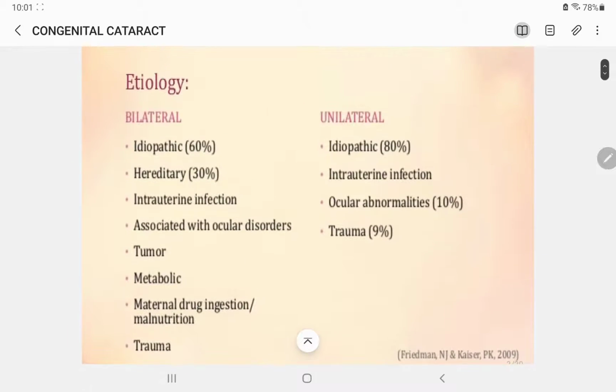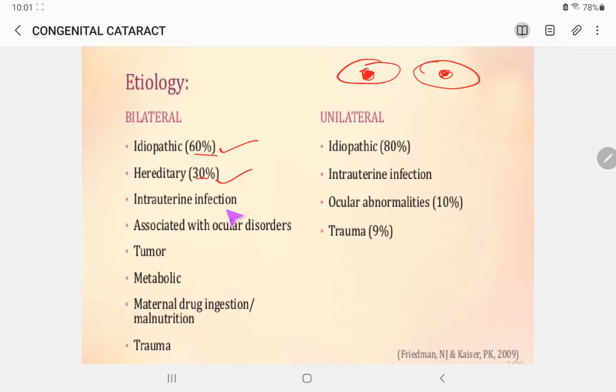All right, coming to etiology. What actually causes congenital cataract? I'm sorry for my terrible drawing. If the opacity or cloudiness is present in both eyes, bilaterally, then it can be caused by either idiopathic or hereditary causes. Idiopathic in 60% of the cases, and in 30% it is due to hereditary causes.